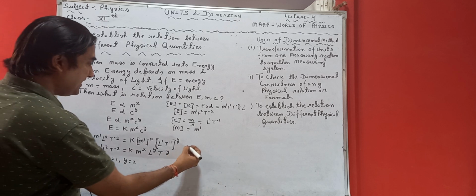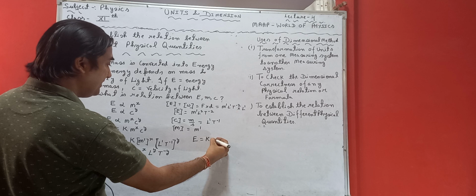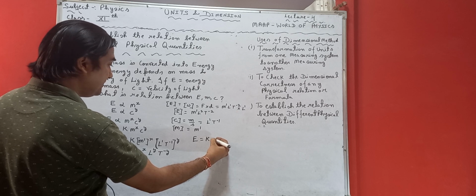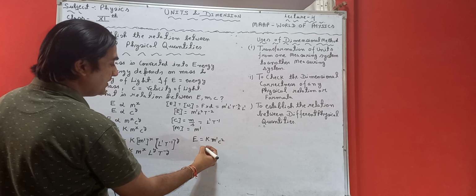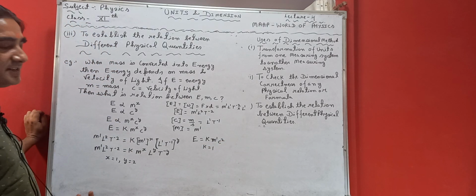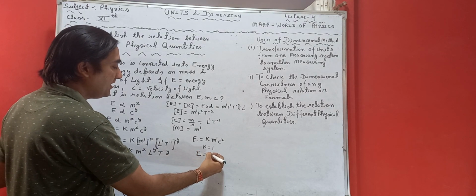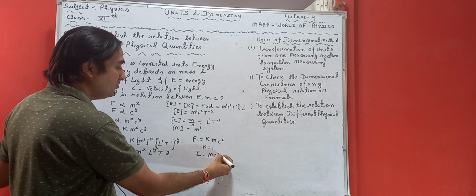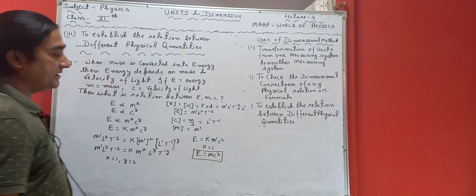What is the formula of energy? E is equal to k into m raised to power 1 and c raised to power 2. By experiments, the value of k is equal to 1. So we can say that the formula for energy is E = mc squared.